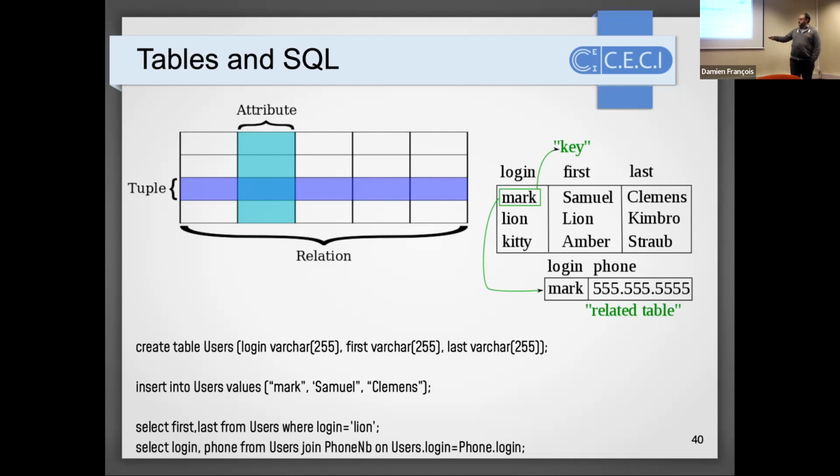You can insert a line into a table, and you can select, which means look for, in a way. An example here is select first, last from users where login equals line. So even if you don't know anything about SQL, I'm sure you understand what this is all about.